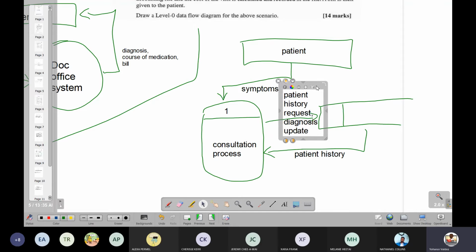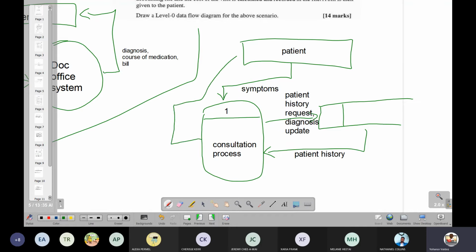So we have the patient history request and the diagnosis update. And from the consultation process, we also have the diagnosis going back to the patient.